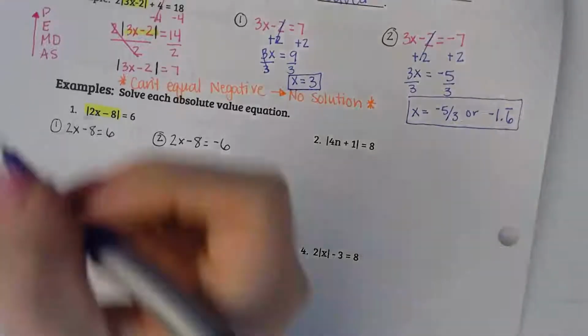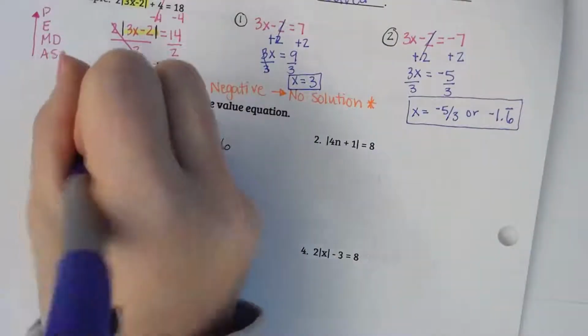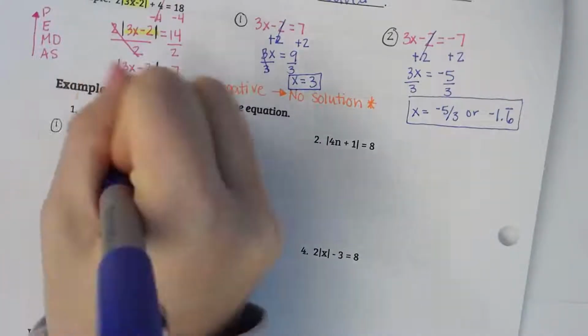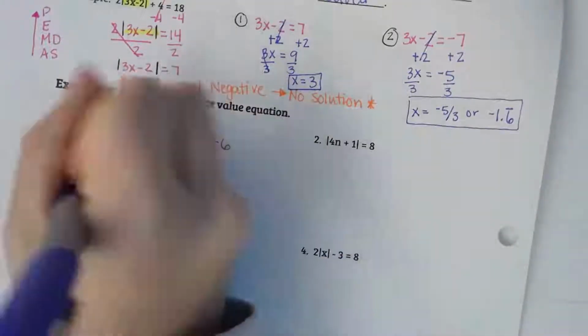And then solve. So I'm going to add 8. Then divide by 2.